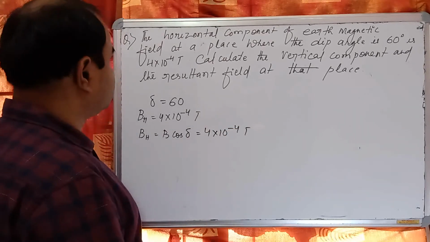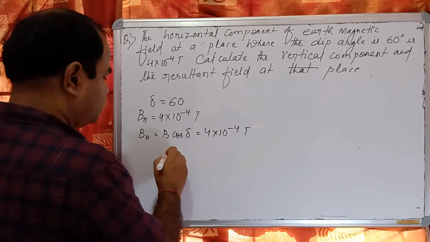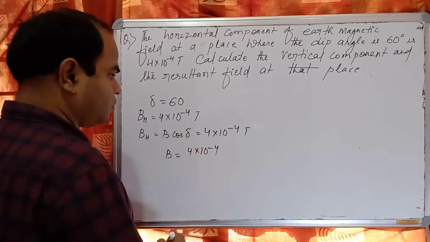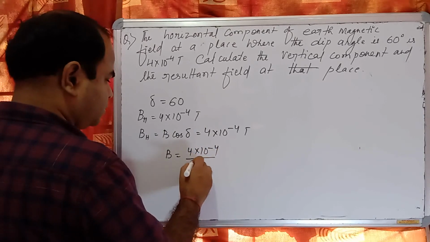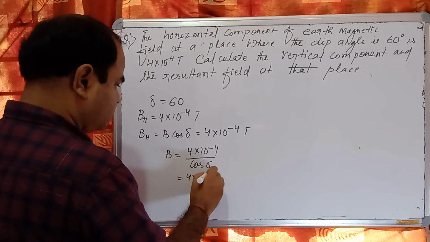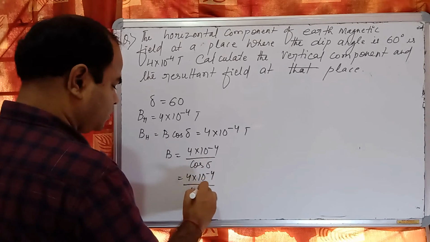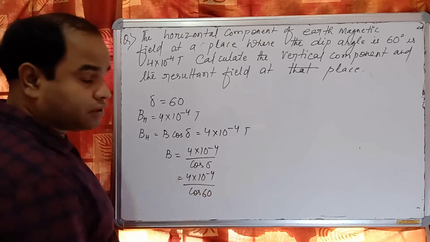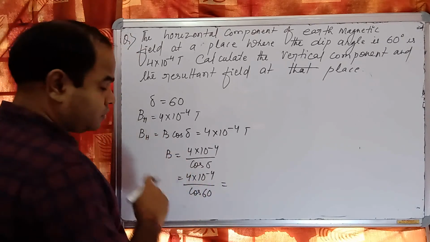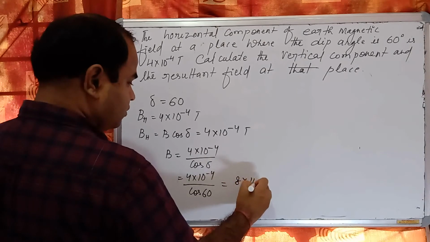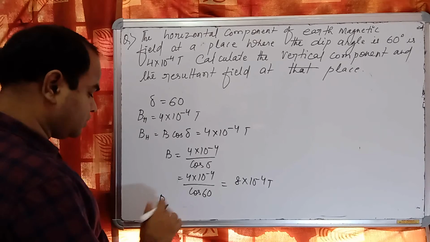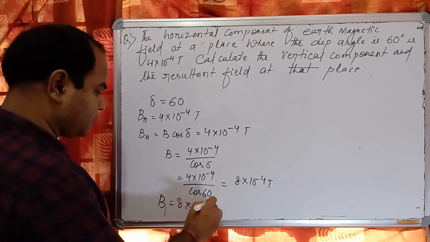So B is 4 into 10 to the power minus 4 divided by cos delta. Delta is 60, and cos 60 is half. Half means 2 times, so that is 8 into 10 to the power minus 4 Tesla. So the net magnetic field strength is 8 into 10 to the power minus 4 Tesla.